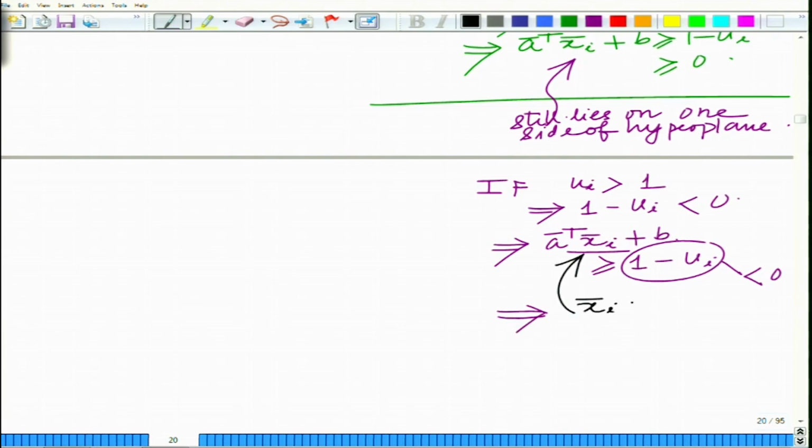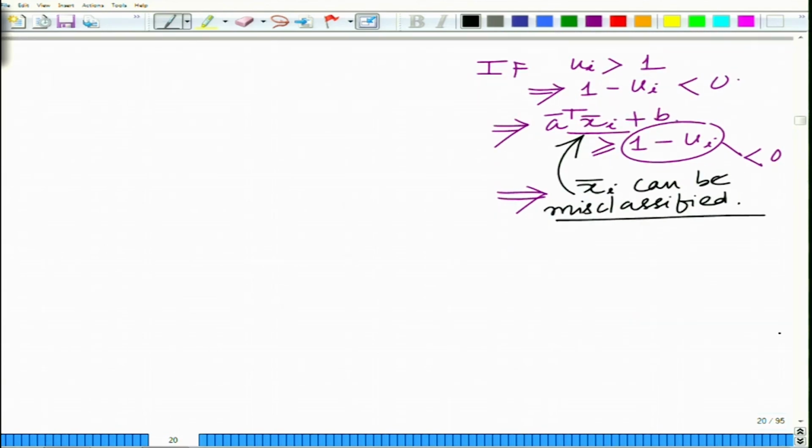This particular x bar I can be misclassified. So, in that sense, this is only approximate.